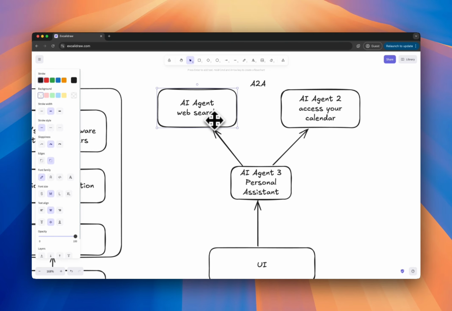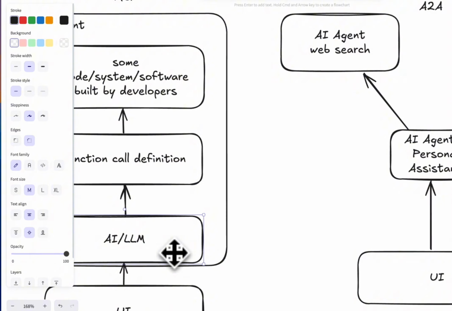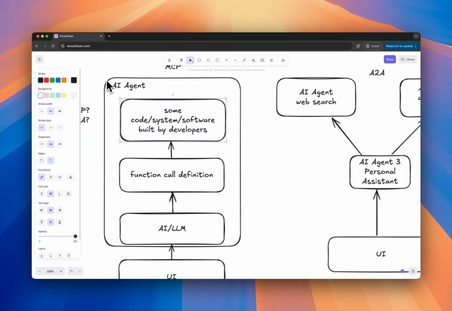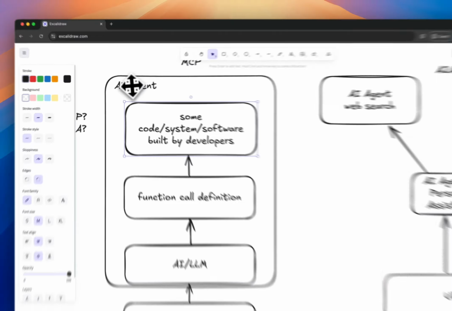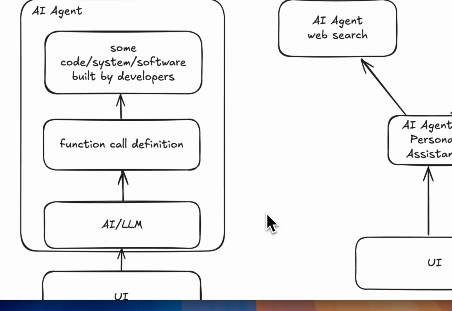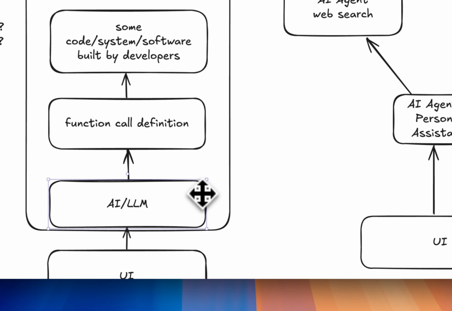Now, it's different from MCP, because MCP is more about AI interacting with some system. But say you have this AI interaction with some system multiple times, which we defined as an AI agent. That's where A2A comes in, because different AI agents also need to communicate with each other. MCP is a way for AI to access a system.